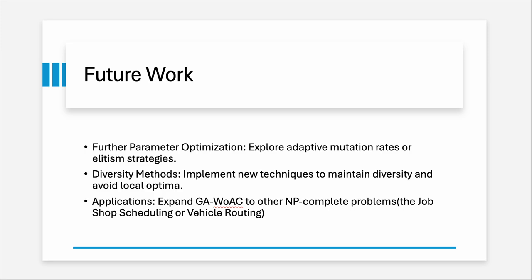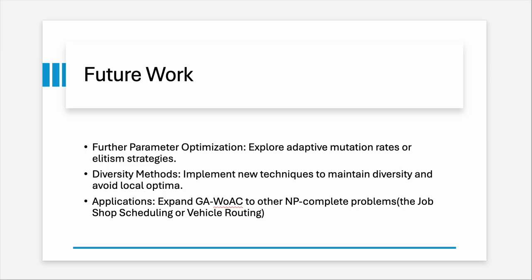Additionally, implementing advanced elitism strategies could ensure that the best solutions from each generation are retained and refined further, providing a mechanism to speed up convergence without losing solution quality. Another focus for future work is to investigate new methods for maintaining population diversity.